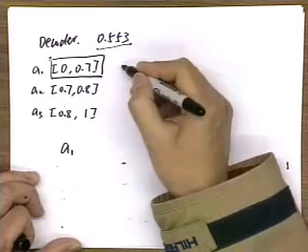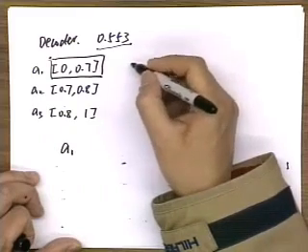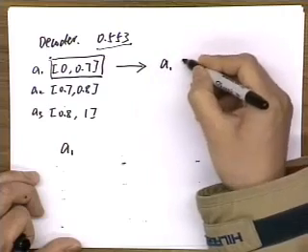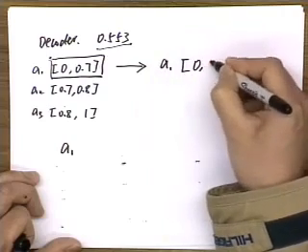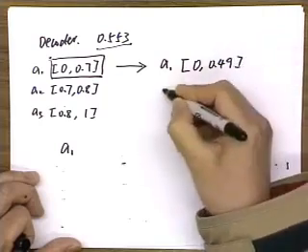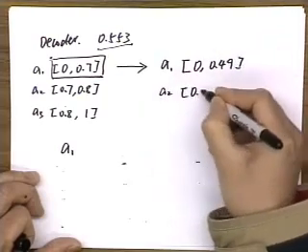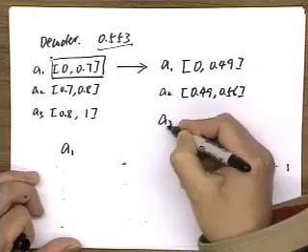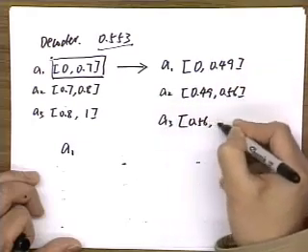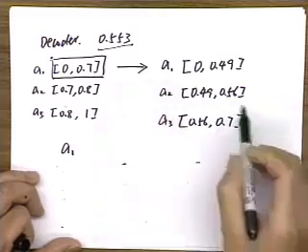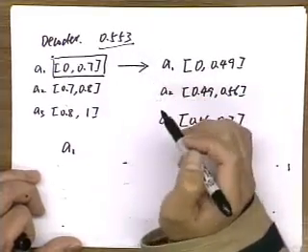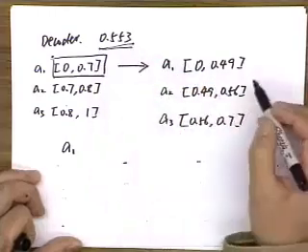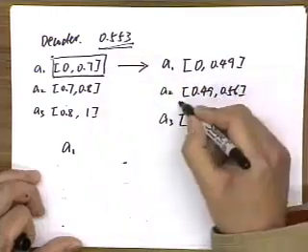So from here, we know that for the second symbol, if it's A1, it will fall into 0 to 0.49, A2 will fall into 0.49 to 0.56, and A3 from 0.56 to 0.7. Again, we check which category this real number falls into, and we can see that it falls into the category of A2.